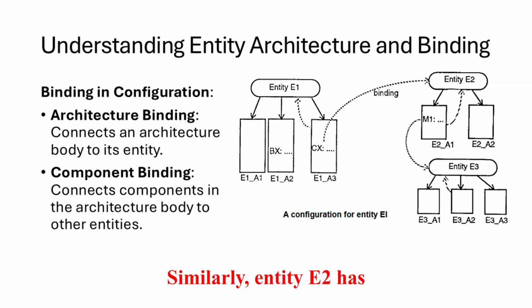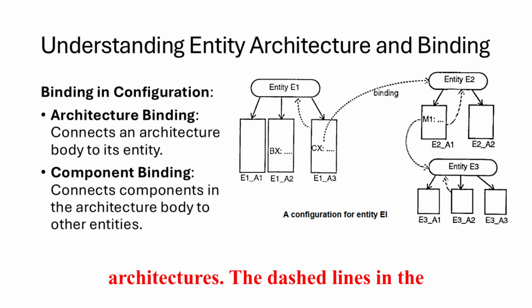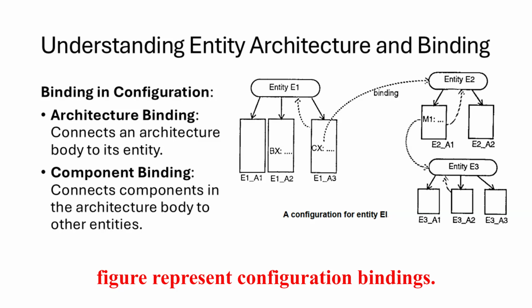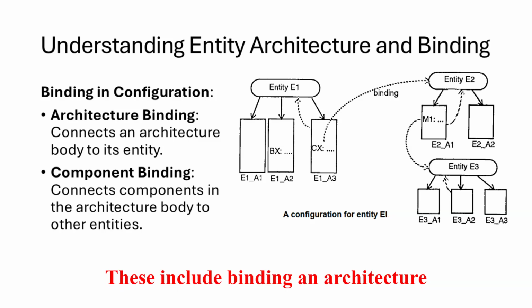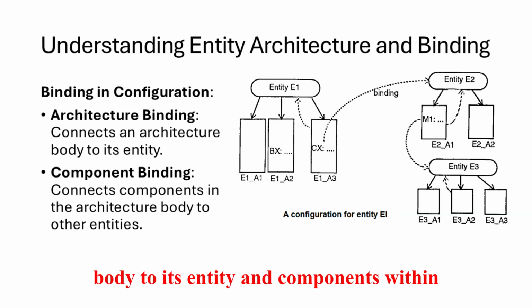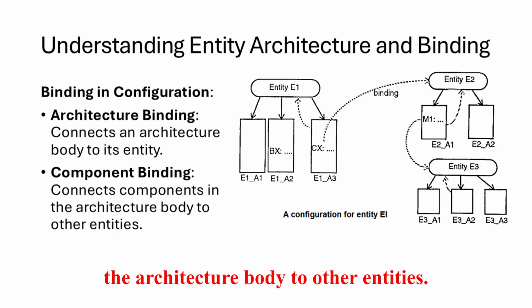Similarly, entity E2 has architectures E2_A1 and E2_A2. The architecture E2_A1 uses component AMI. Entity E3 also has multiple architectures. The dashed lines in the figure represent configuration bindings. These include binding an architecture body to its entity and components within the architecture body to other entities.